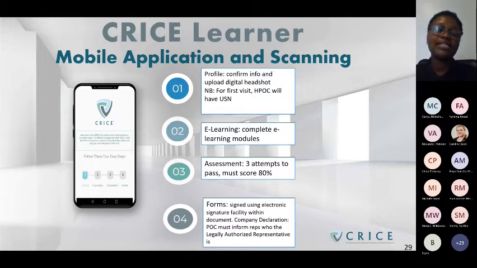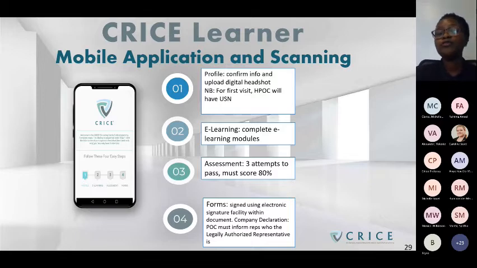There are 3 attempts available for CRs to complete the assessment, and they do need to score an 80% score. And then once this has been completed, the final step would be the signing of the forms, through the electronic signature facility that is available.